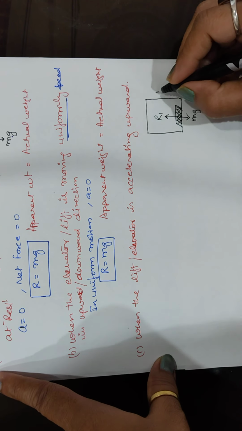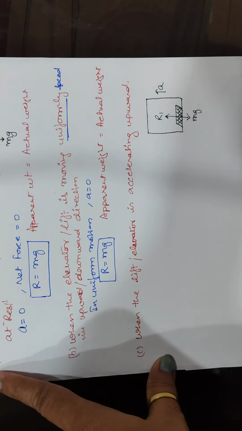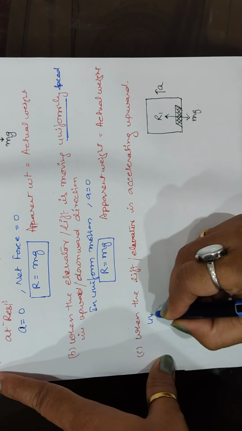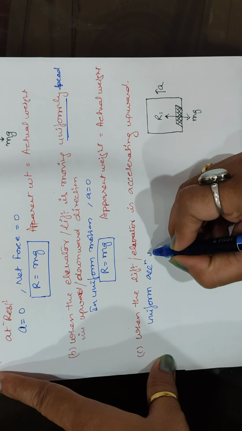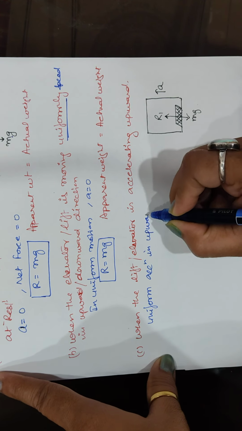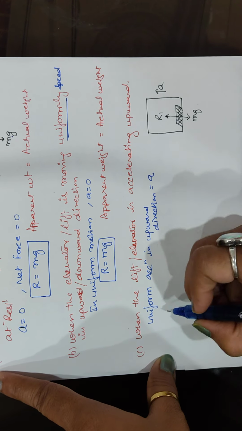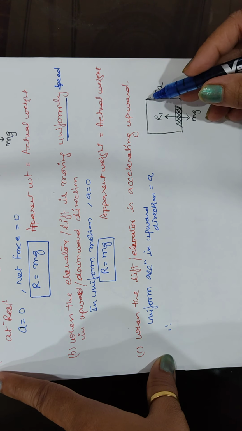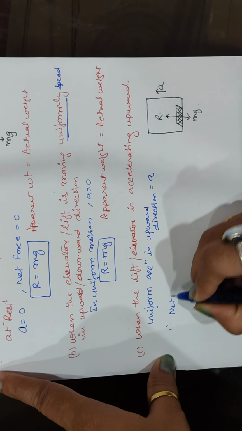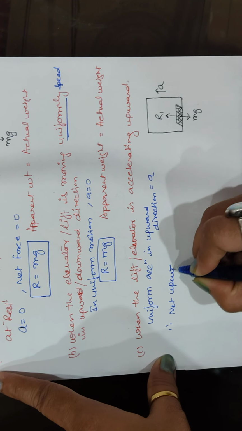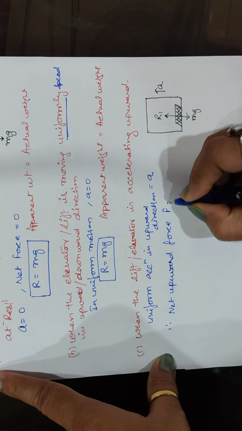Now the lift is moving with uniform acceleration a in upward direction. Therefore, since the lift is moving in upward direction, according to the second law, the net upward force which is acting is F equal to ma.